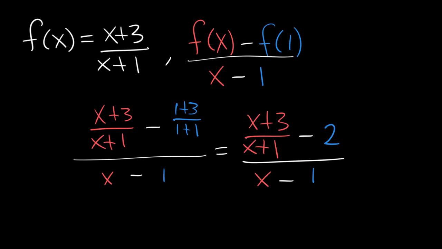Now, what might make this a little bit easier is if I call that 2 over 1 maybe, and then look for a common denominator.